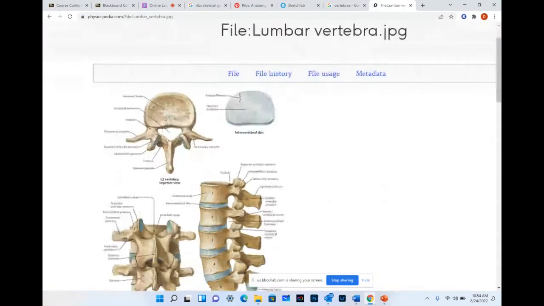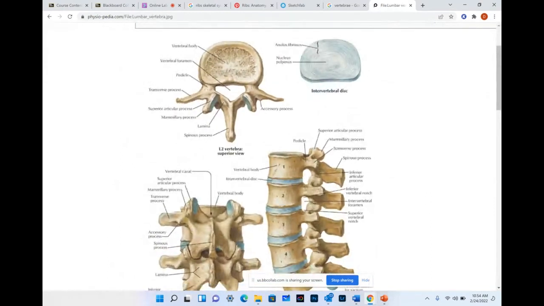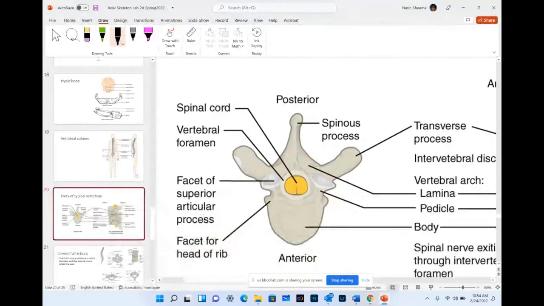Okay. We are going to study the parts on this vertebra. And we are also going to refer to this one as well.